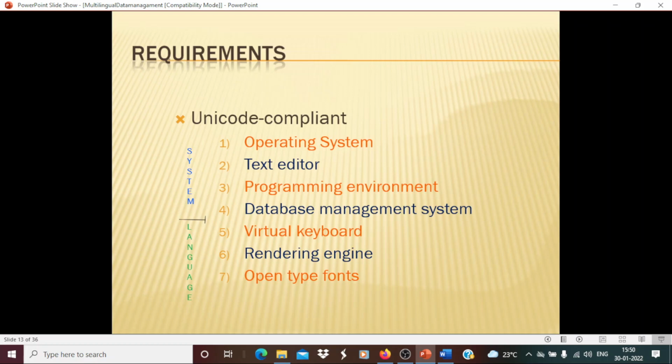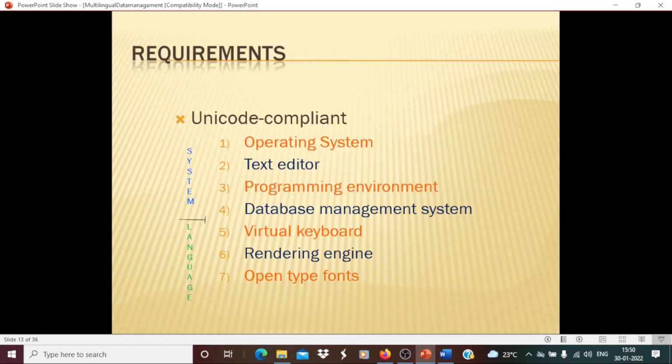Your text editor must be Unicode compliant because in most cases you are writing your programs and different kinds of messages as a text file. So your text editor must be Unicode compliant to represent your multilingual characters.